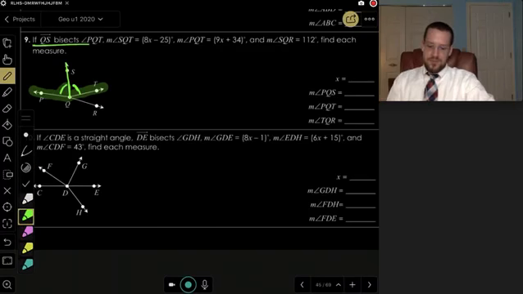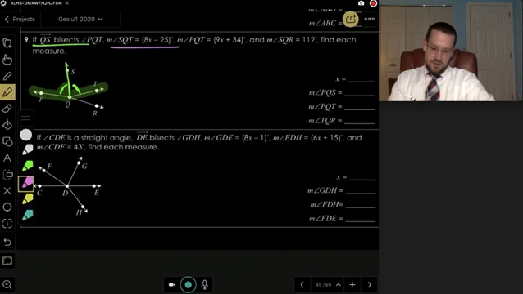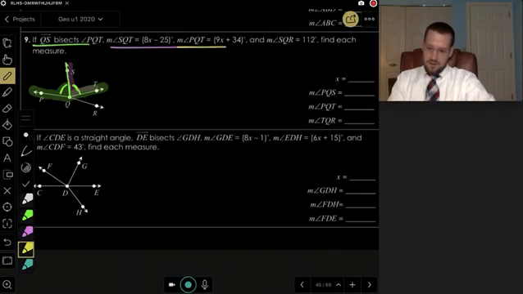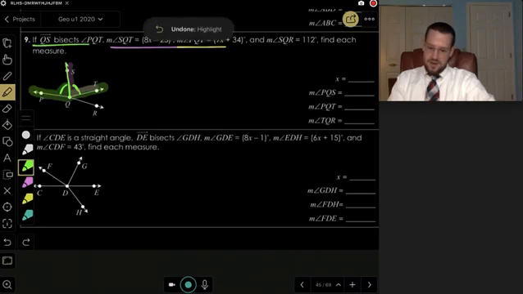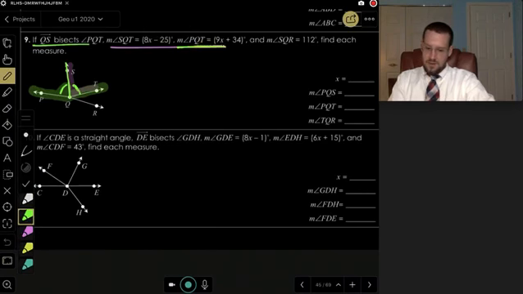These two angles are congruent. They're the same, right? So then we're told that angle SQT, let me make this smaller, angle SQT is 8x minus 25, and then angle PQT, the whole angle in green, is 9x plus 34.